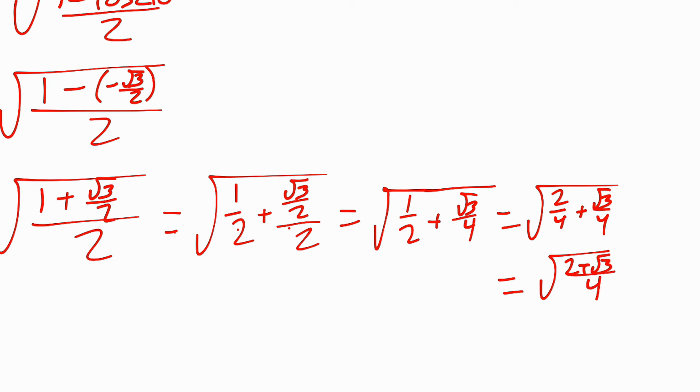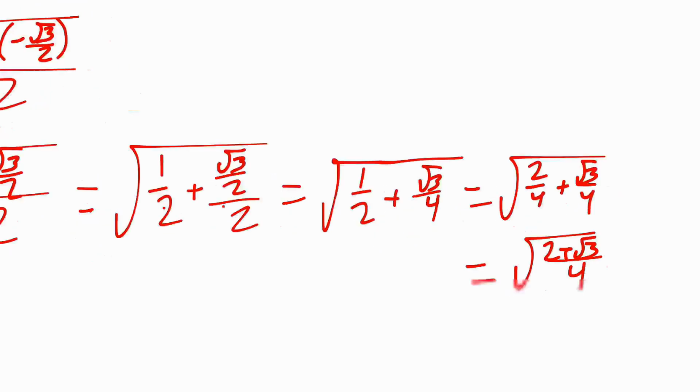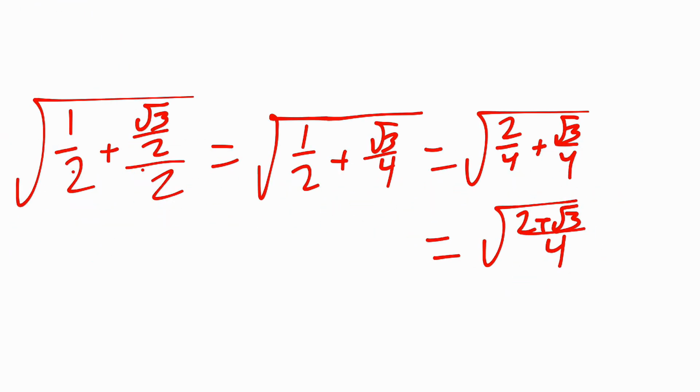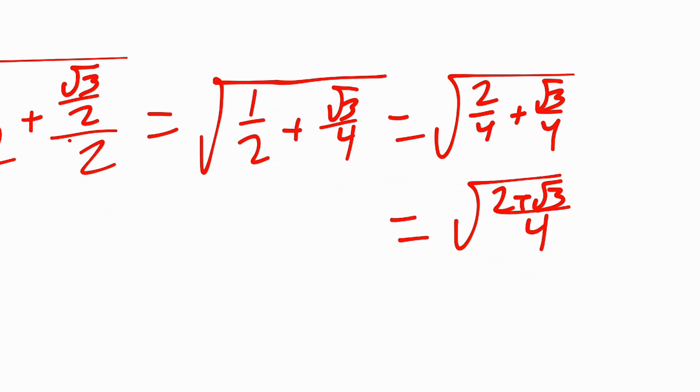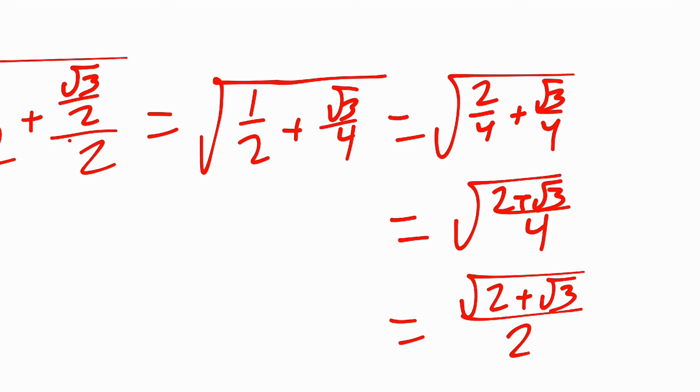Now, this is a bit messy, I realize that. Now, we've got a square root of a fraction. Remember, with square roots of fractions, you can take the square root of the numerator, which, in this case, doesn't help us a ton. But we can also take the square root of the denominator. So in this case, it'll be just 2.